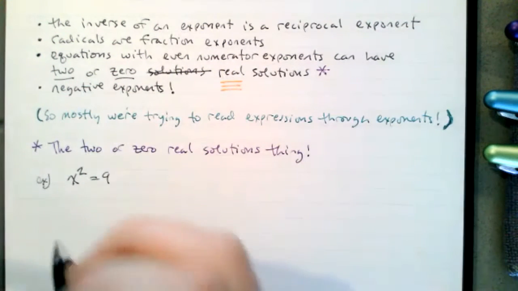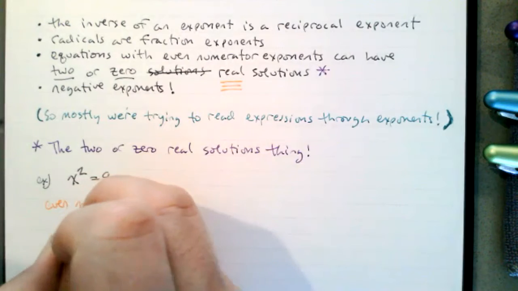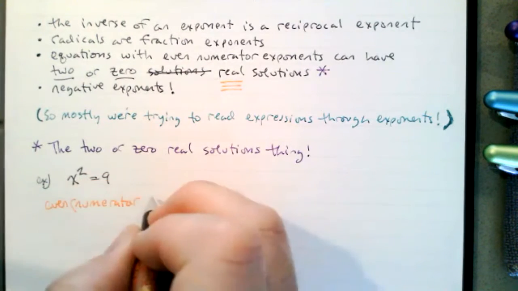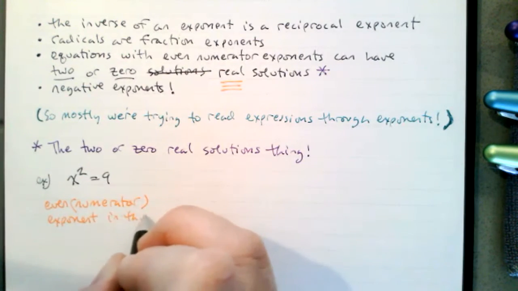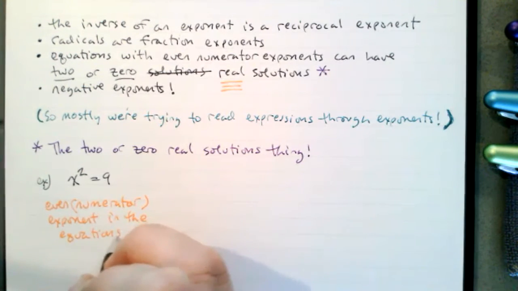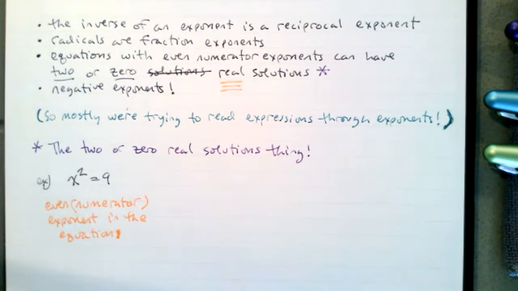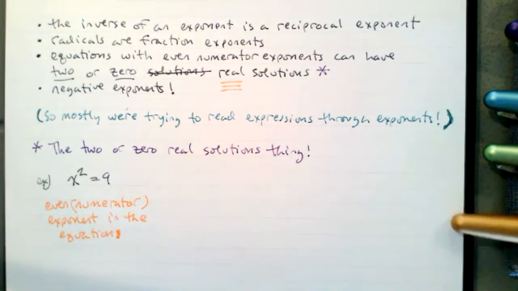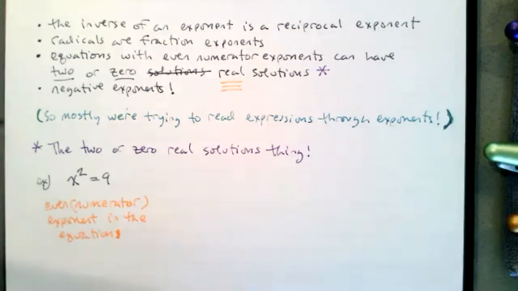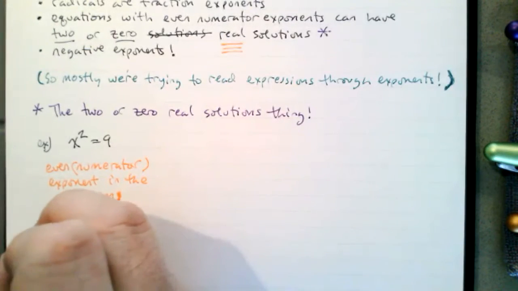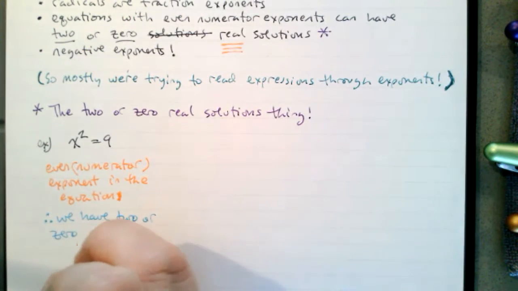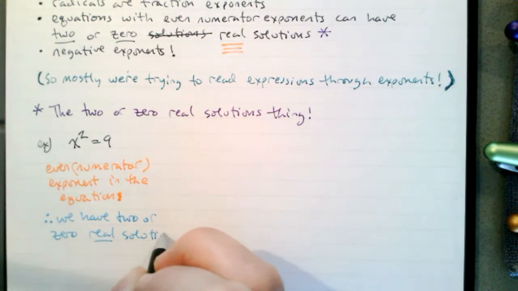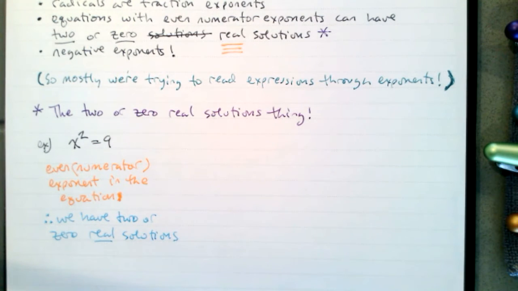But when we see the even numerator exponent in the equation, we just want to notice this as there are going to be 2 or 0 real solutions. We just have to notice this.